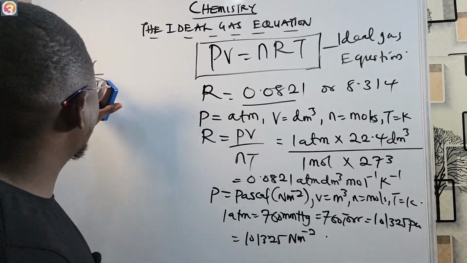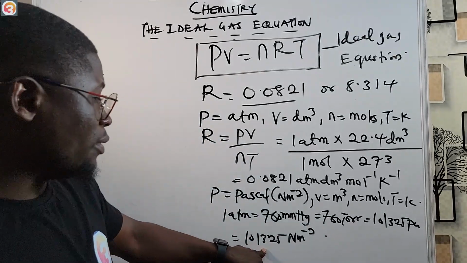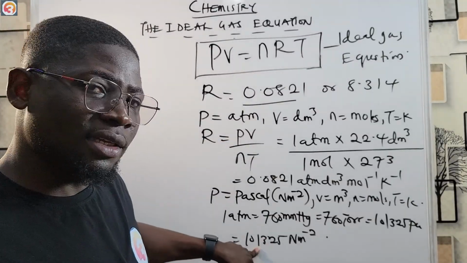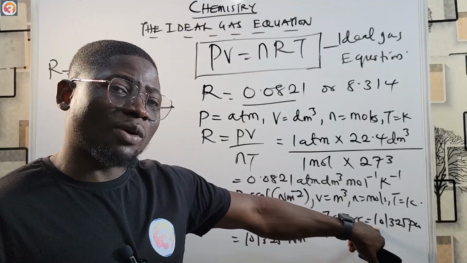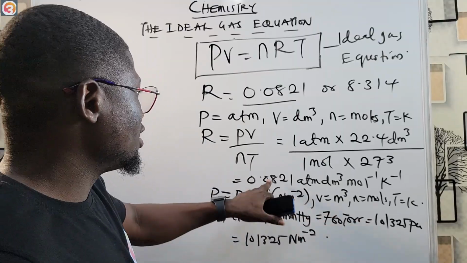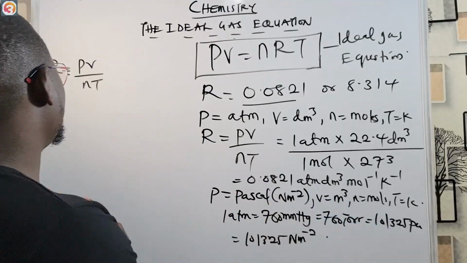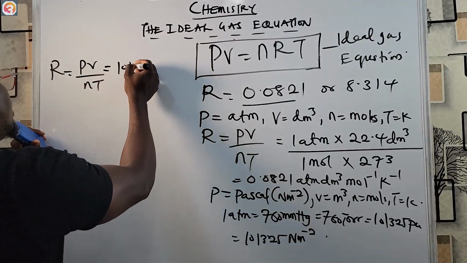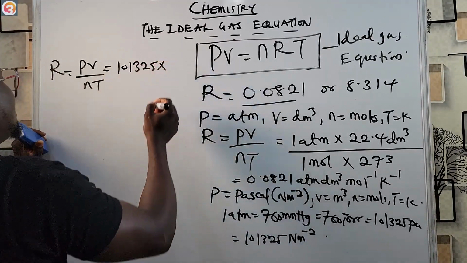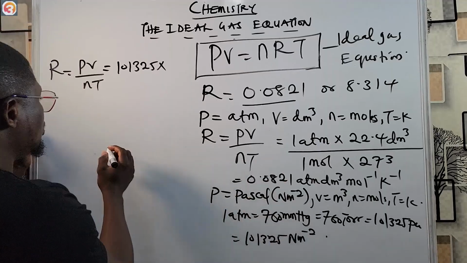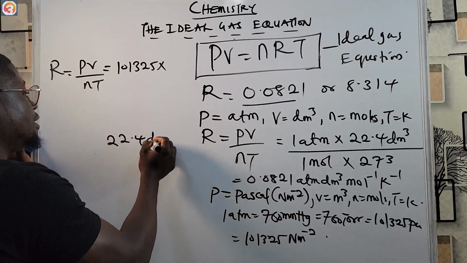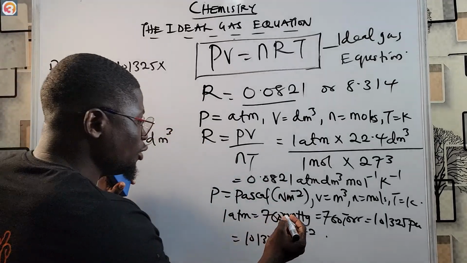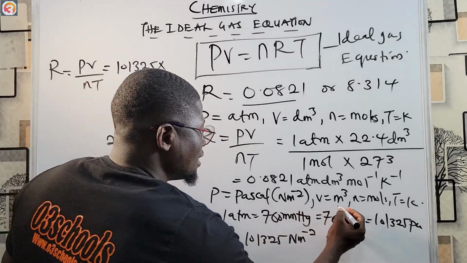Now, this means that our pressure is now in Pascal. So it will now carry 101,325 instead of 1 ATM. So I'm going to have pressure 101,325, then times volume. Our volume is 22.4 dm³, but the unit here now is in meter cube.